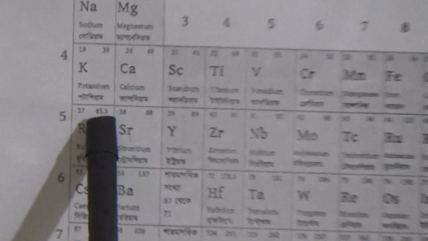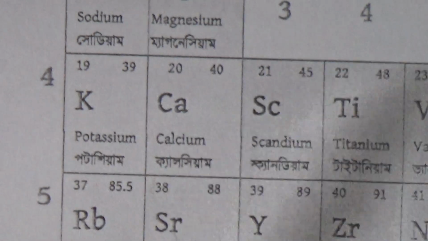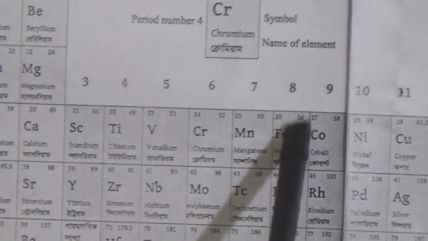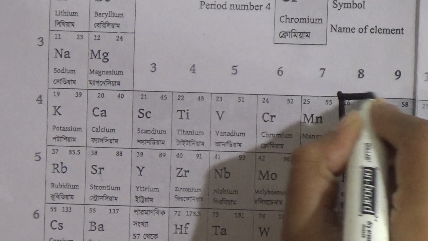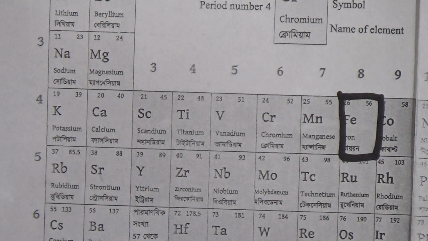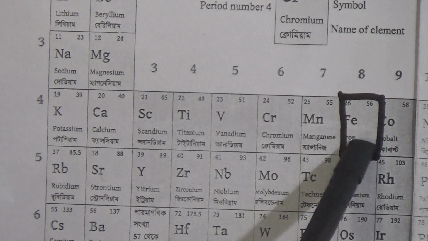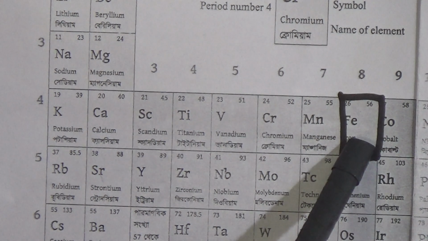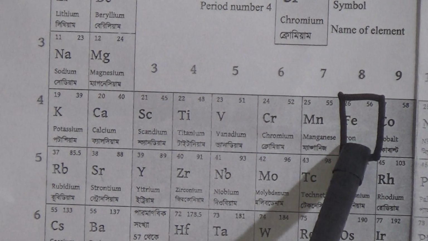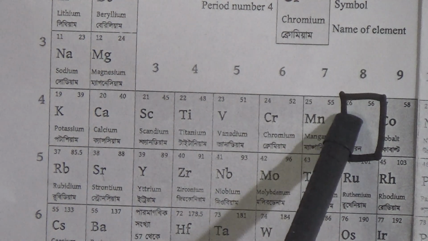We already found that iron is in the 4th period and the 8th group. So we have to mark this box with a color pen and color the iron portion in the periodic table which you will make for the assignment, and you have to submit on 2nd October 2021.